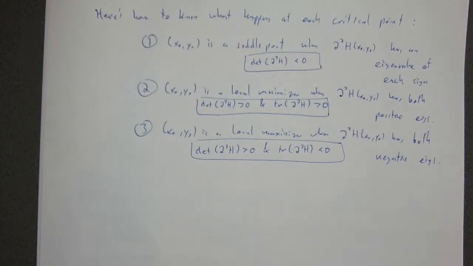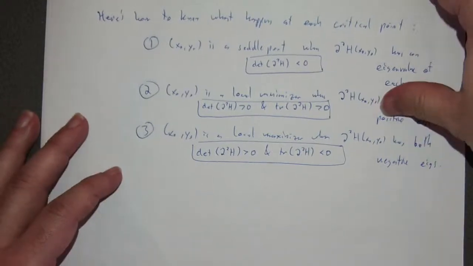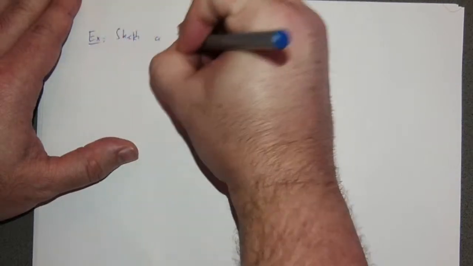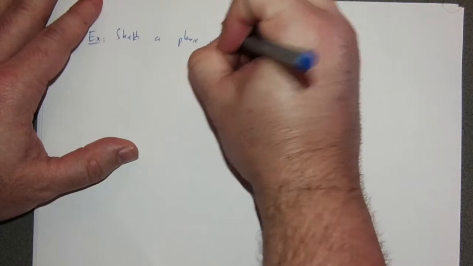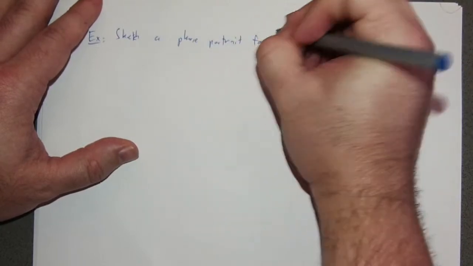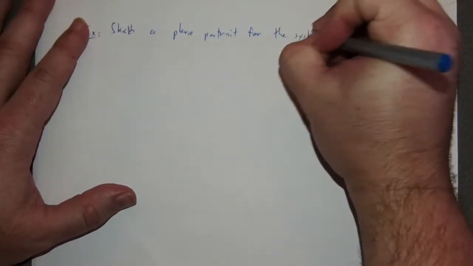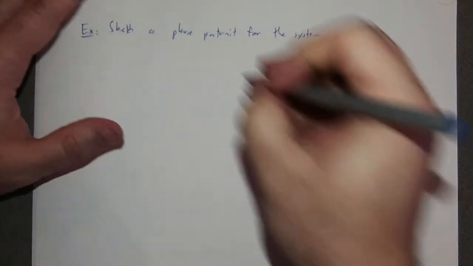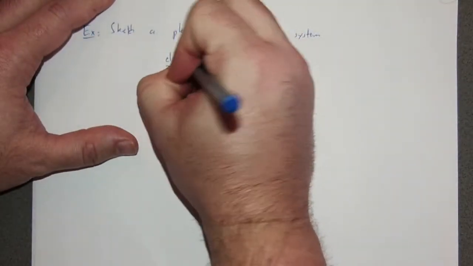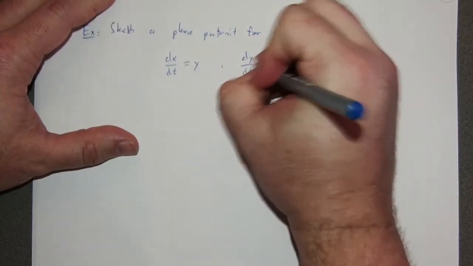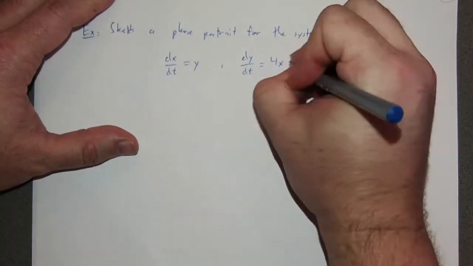So let's see how this works for our key example. Sketch a phase portrait for the system dx dt equals y, and dy dt is equal to 4x minus x cubed.